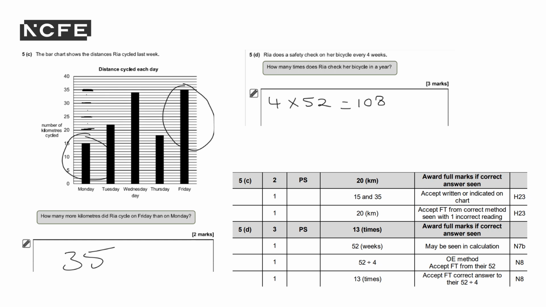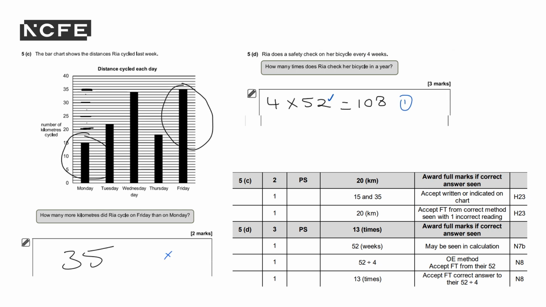And for these two questions, I shall reveal the number of marks here. So no marks for 5C, and we've given 1 mark for 5D. There was a little bit of contention in the live session when it came to 5C, because the mark scheme does allow for except written or indicated on the chart for that 15 and 35. Unfortunately, what the learner has indicated, they've circled the bars for Monday and Friday.